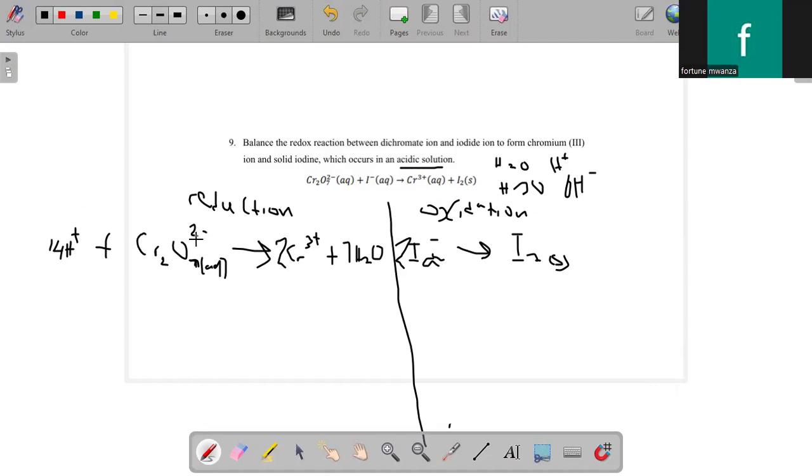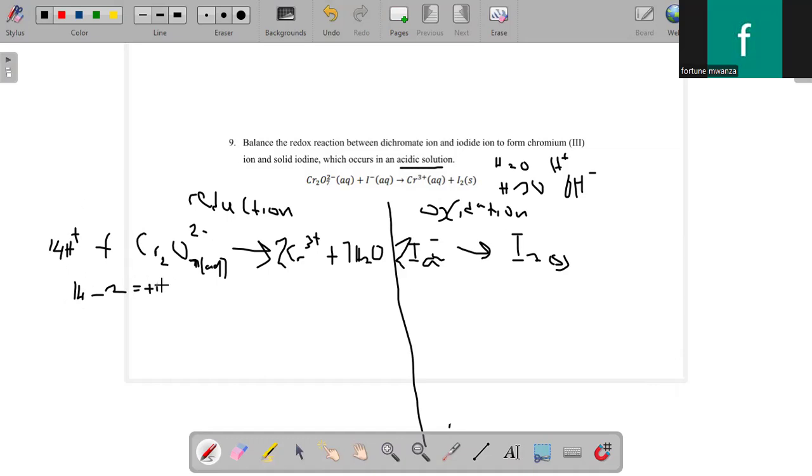So what's the overall charge on the reactant? We have 14 positive charges from hydrogen, and here the overall is -2. So we have 14, we have -2, so the overall charge on the reactant is going to be +12.